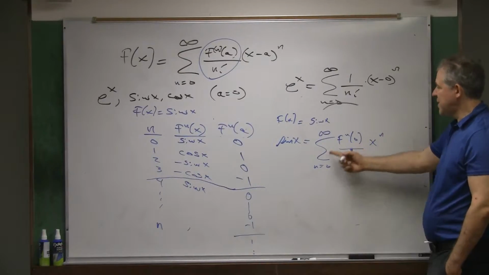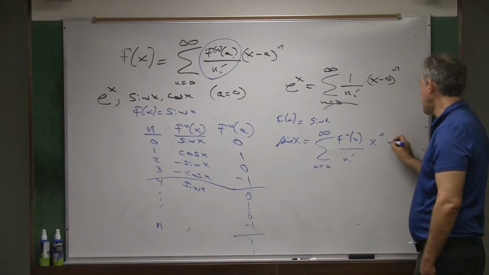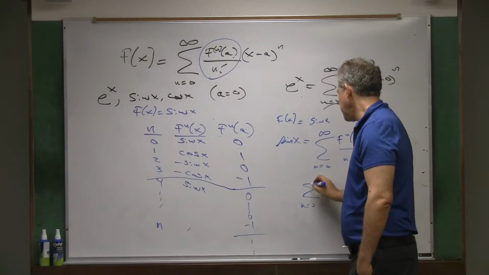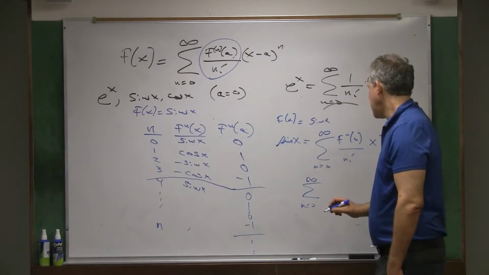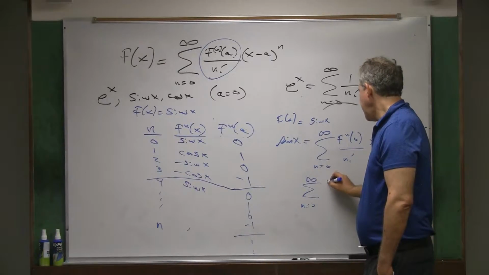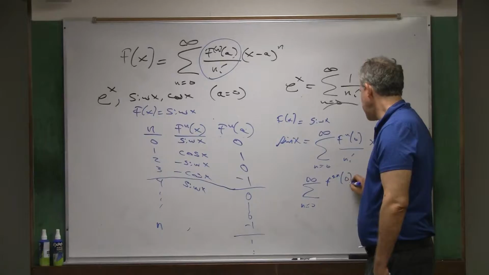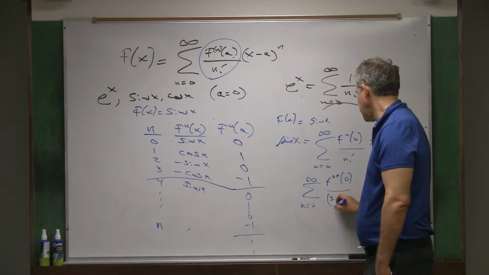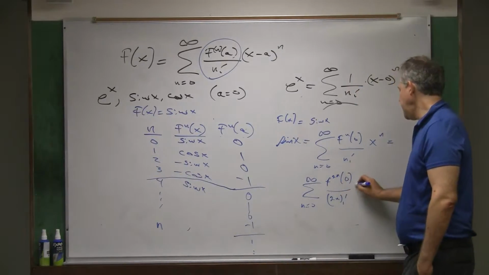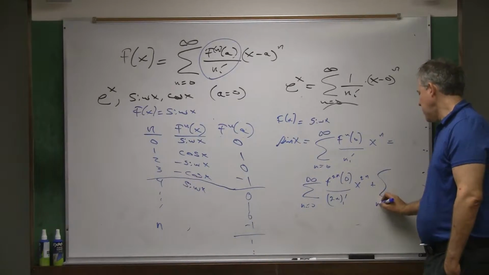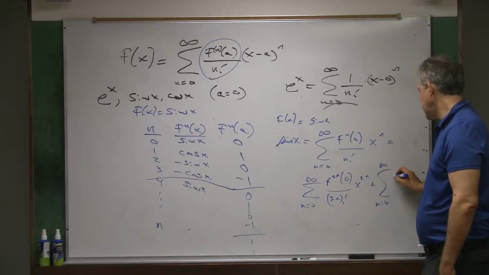Now we can split this series into its odd and even parts. So it's a sum from n equals 0 to infinity of the f 2n's of 0 over 2n factorial. This will just be the even powers, plus we can sum over the odd powers.